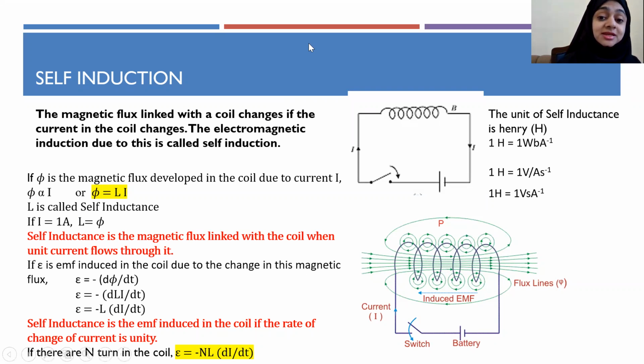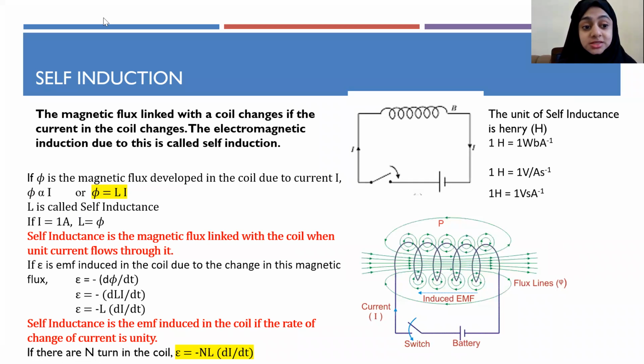We know that the current is increasing in this direction. So the newly developed EMF will be such that it will try to oppose the current, or the induced EMF will make the current flow in the opposite direction. This is called self-induction because here electromagnetic induction happens due to the change in current and resulting change in magnetic flux of the coil itself.